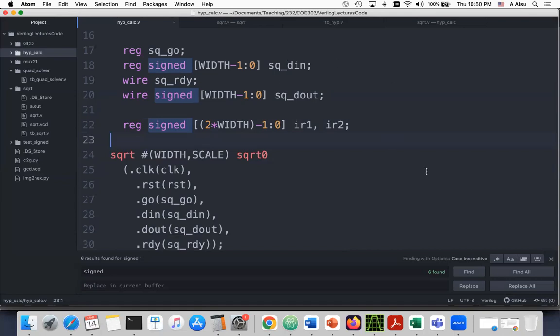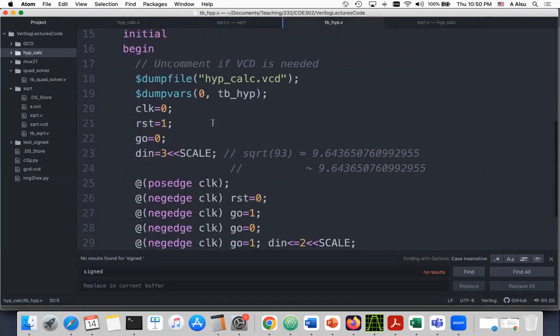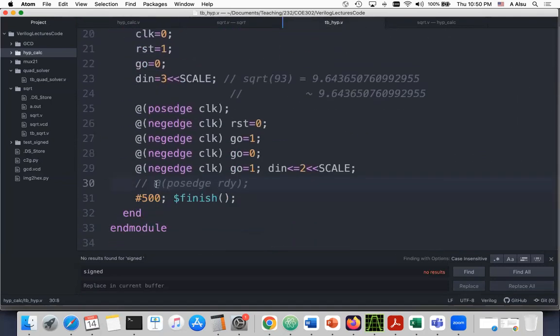Now I can go to the test bench and change it so that I get this back here, because I know that inshallah it will work now, and wait for 50 more clock cycles and then finish the simulation.